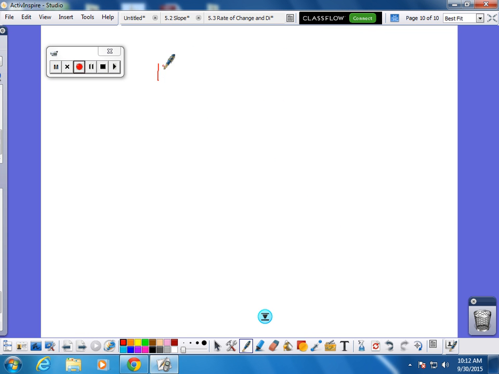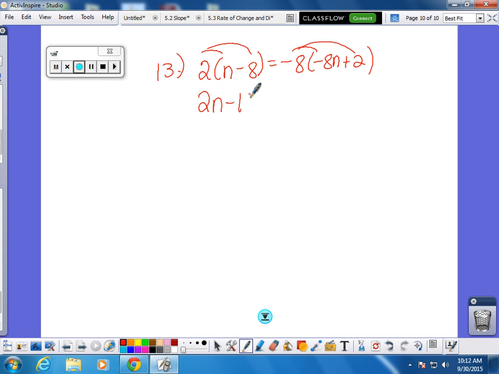Alright, number 13. Got a couple of distributive properties. So 2n minus 16 is equal to 64n minus 16.